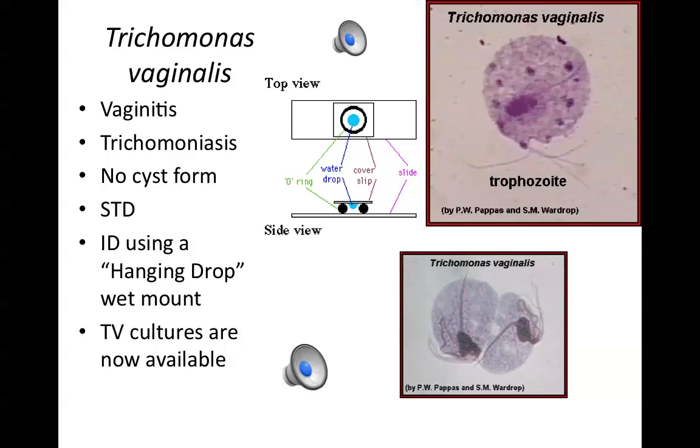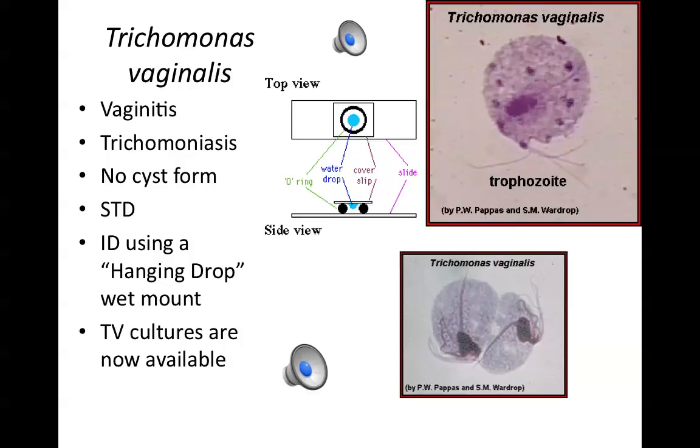It can be due to yeast, bacteria, and perhaps even viruses. But if we're talking about protozoa, single-celled eukaryotes, it's Trichomonas vaginalis that we think of first. The clinical name, if we don't want to just have the general terminology of vaginitis, which is inflammation of the vagina, we could more specifically say that the patient has trichomoniasis.